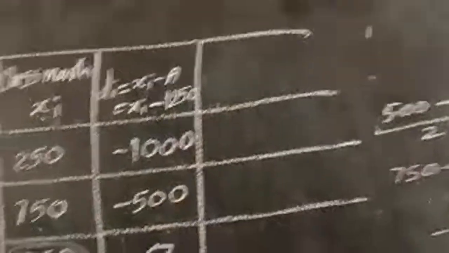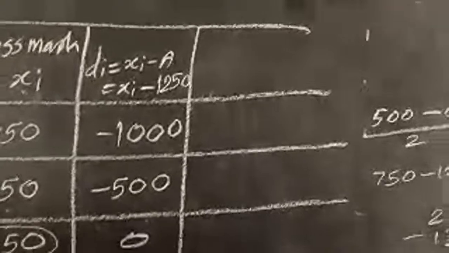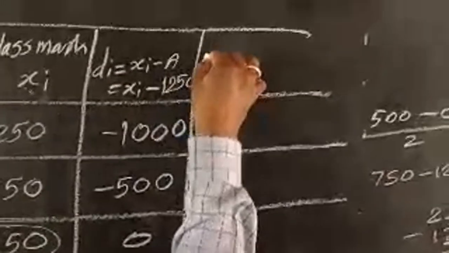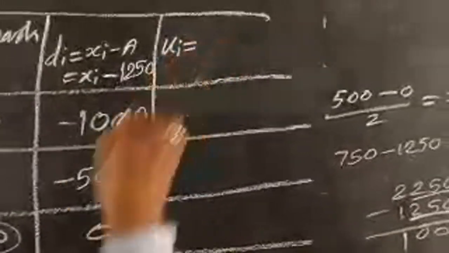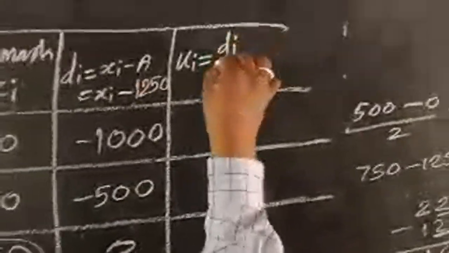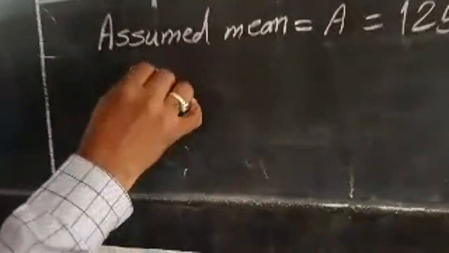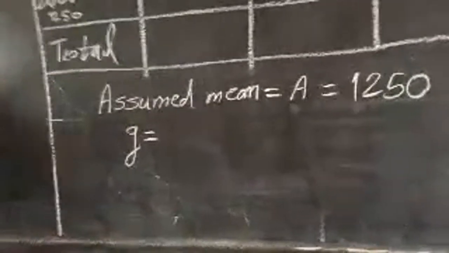After that, next column is ui is equal to di upon g. Here g is equal to class width.